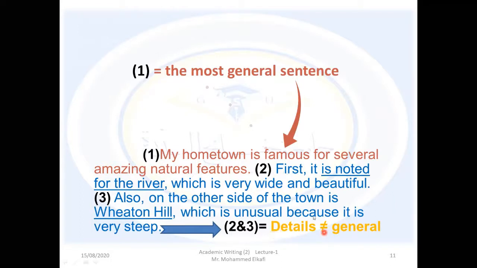Details are not included in the general sentence. So the second and third sentences include details, so they are not general. The general sentence should not include more details.